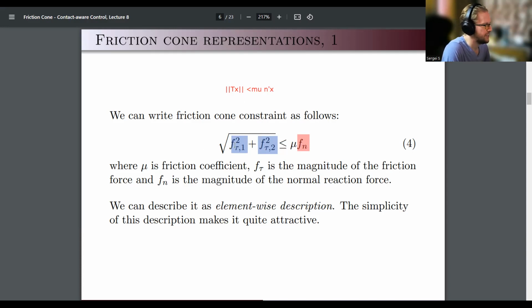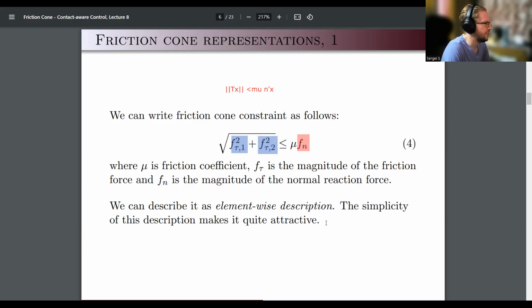If you understand F tau 1, F tau 2, Fn as coordinates in R3, this describes a cone, and you can quite easily prove that it is one. But also, you can easily rewrite it in the way that I wrote above, and that is the definition of a second order cone.